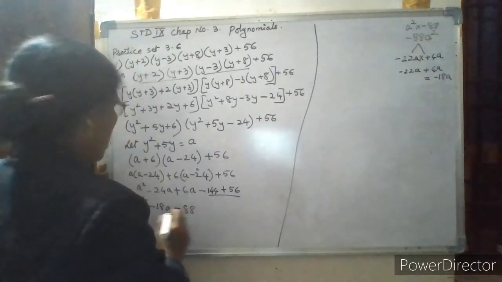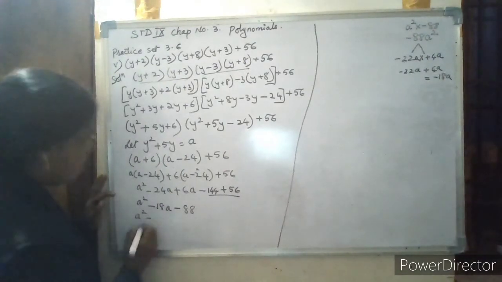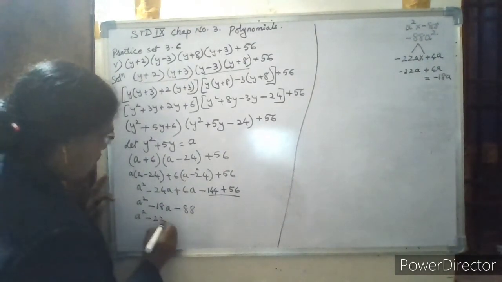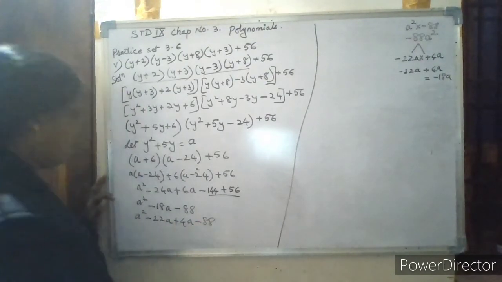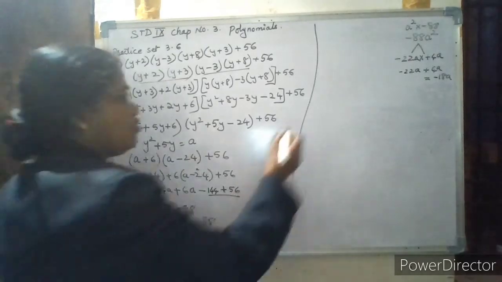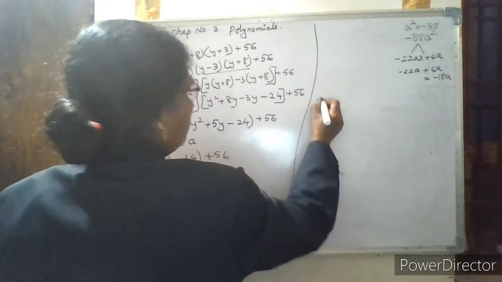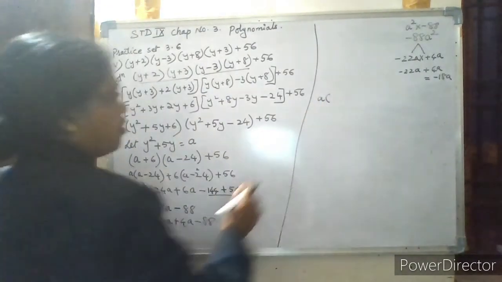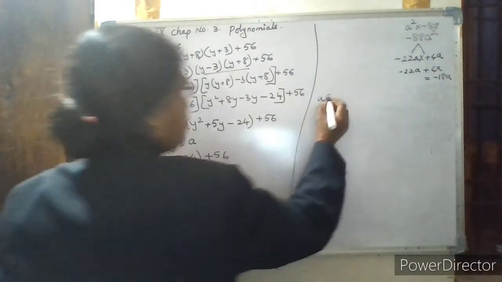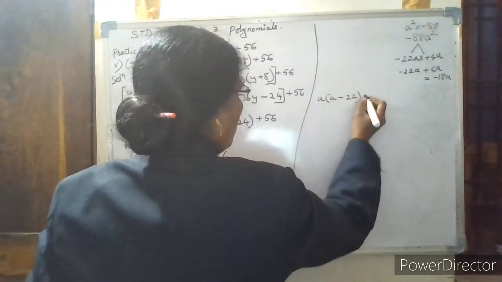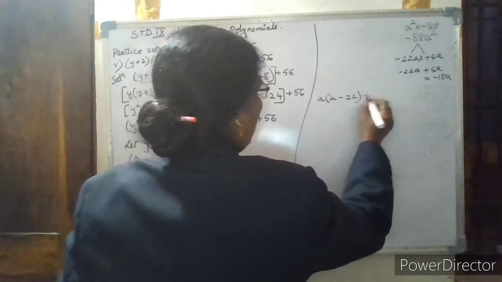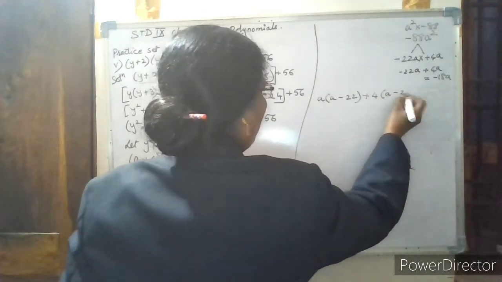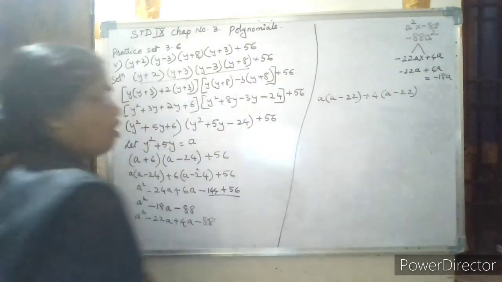So we can split this as a squared minus 22a plus 4a minus 88. From the first two terms, a is common: a into a minus 22. From the other two terms, 4 is common: plus 4 into a minus 22. So we got it in this form.